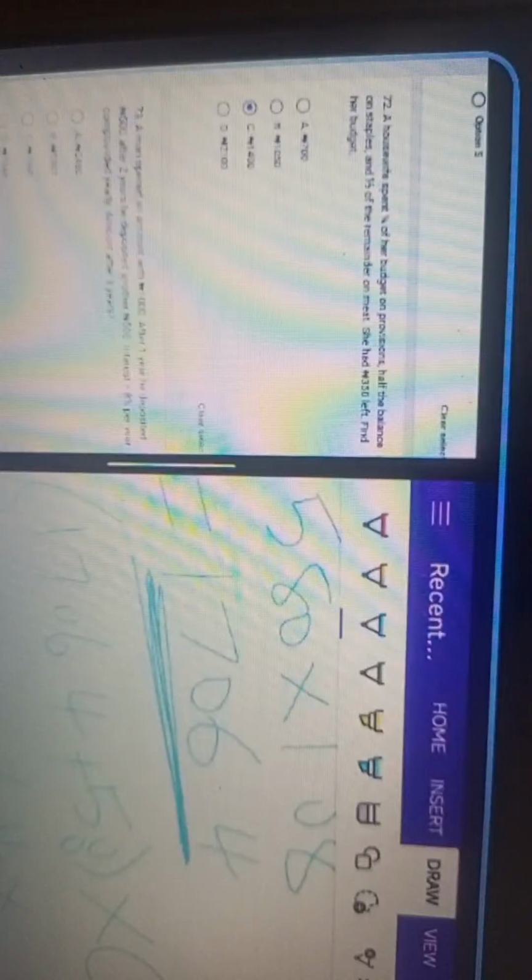Then times 1.08 gives me 2,382.9, which is approximately 2,383. Option B. So do we get this method?